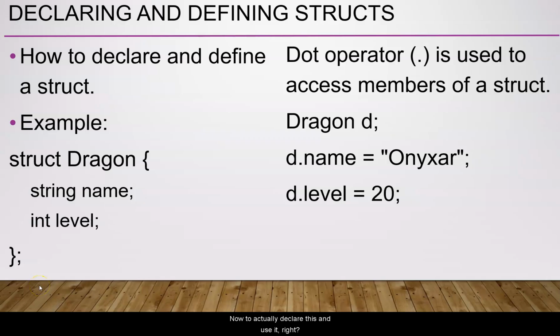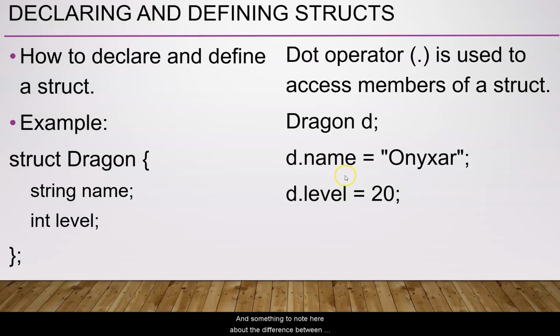Now to actually declare this and use it: I've created it, so to declare it, you use whatever name you gave it as the new data type, and you can have any variable name after that you want. Then you use what is called the dot operator: the variable name, dot, and then the variable names from inside your struct.